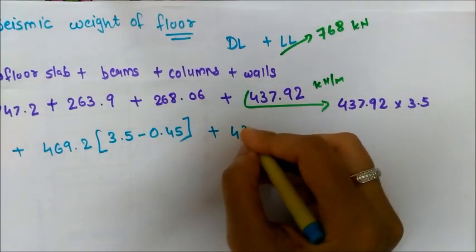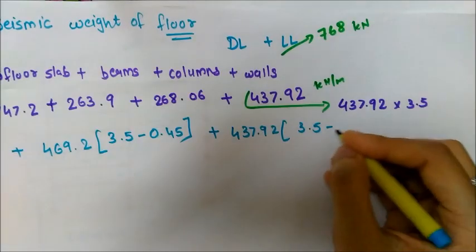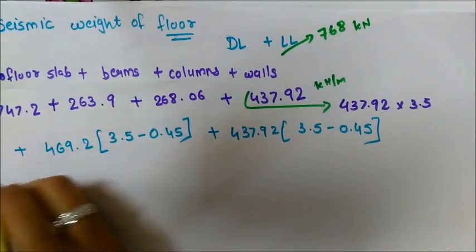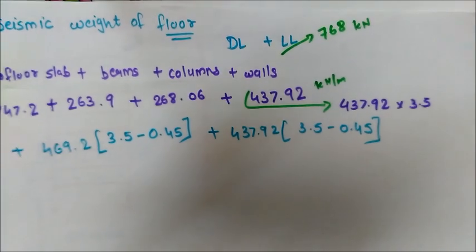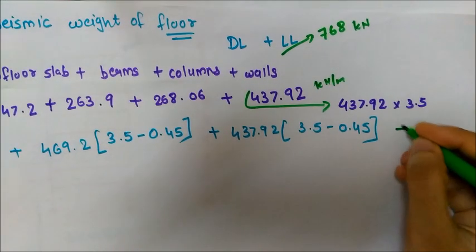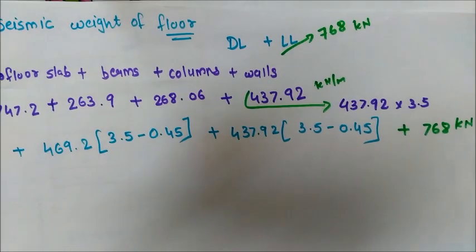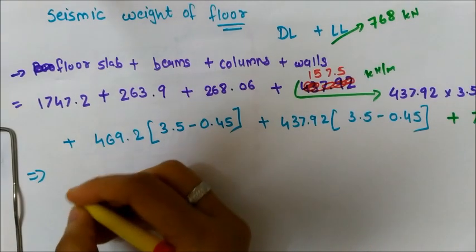And for the transverse wall, 437.92 multiplied by the height of the wall, 3.5 minus the depth of the beam, and finally the value. And yes, here we have to consider the live load, which is 768 kilonewton.